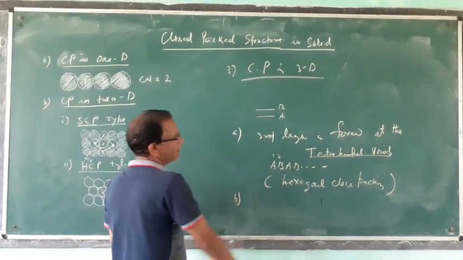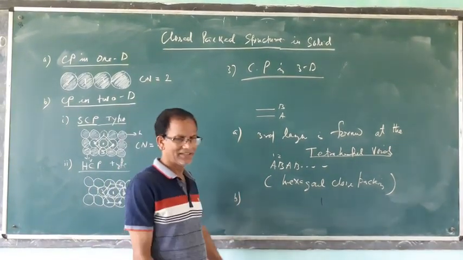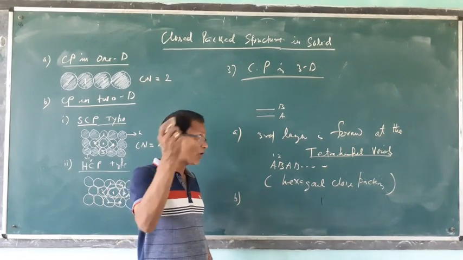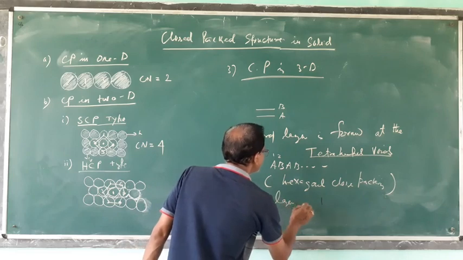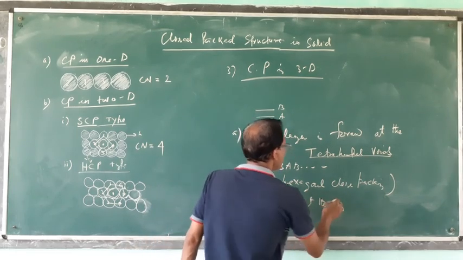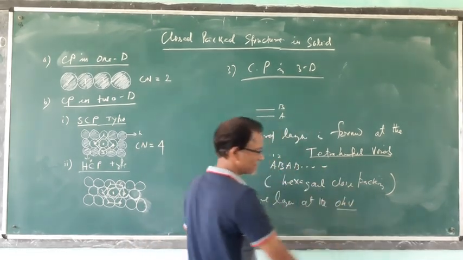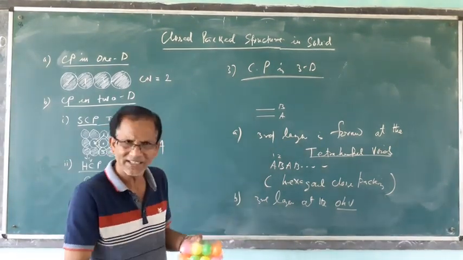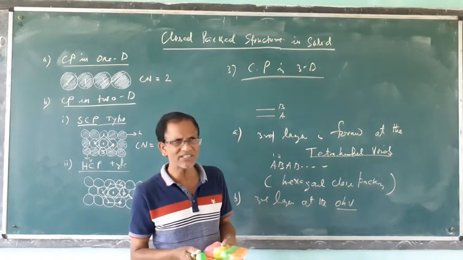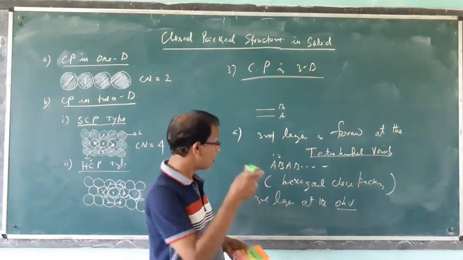Similarly, if you select the octahedral voids for the third layer, out of so many voids, tetrahedral and octahedral, you select only octahedral voids.